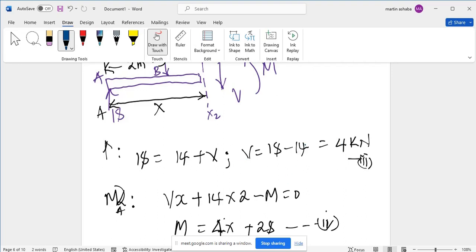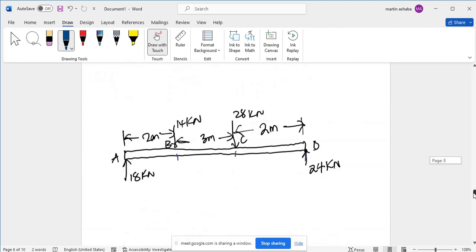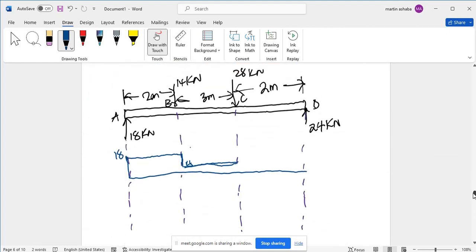Or if you don't want to do it like that, you still come and say let me move 18. Then if you don't want to use my method of looking at those forces, after drawing your horizontal line, you say between B and C the shear force is 4.